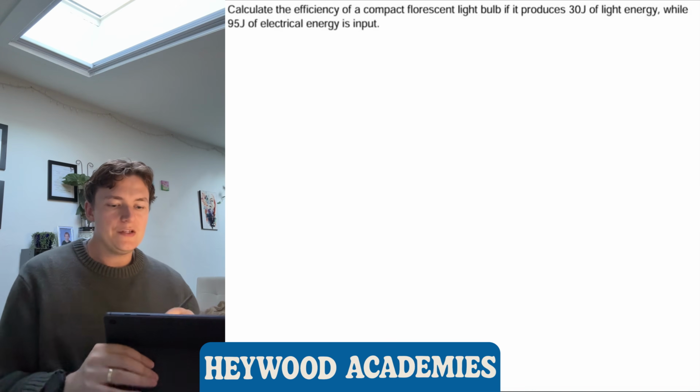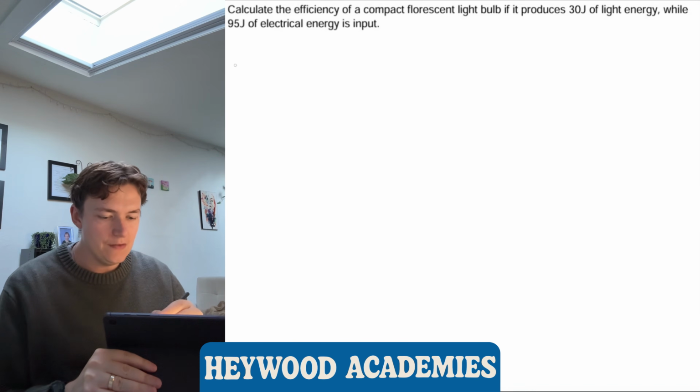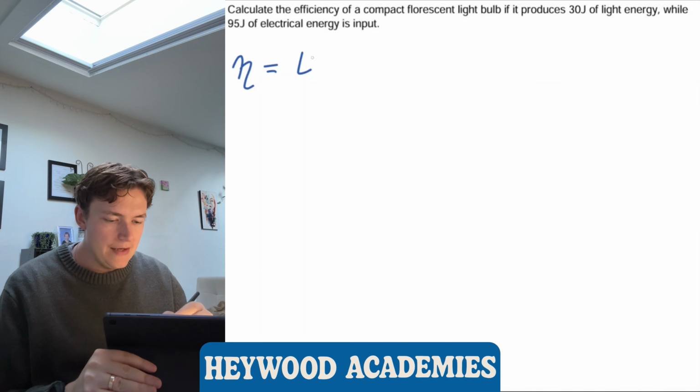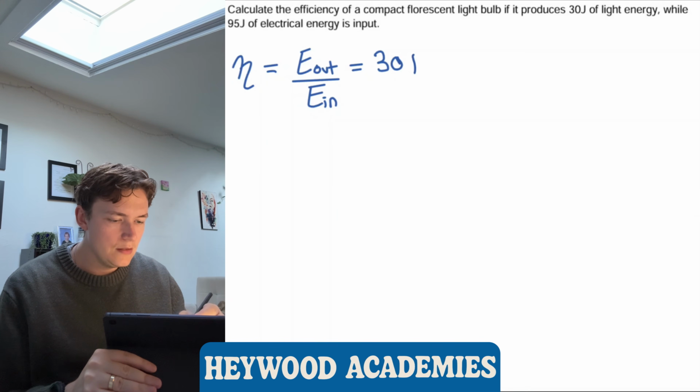Okay, the last few questions that we have are on efficiency, so let's start this off with our efficiency equation. This is what we get out divided by what we put in. So our energy out in this case was 30 joules, and we put in 95 joules.